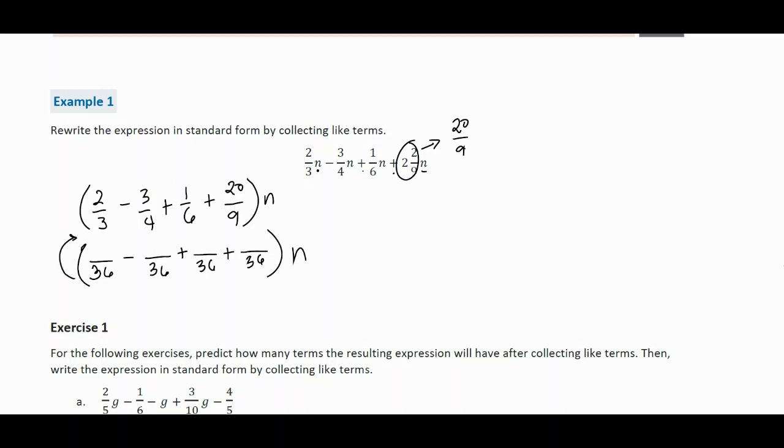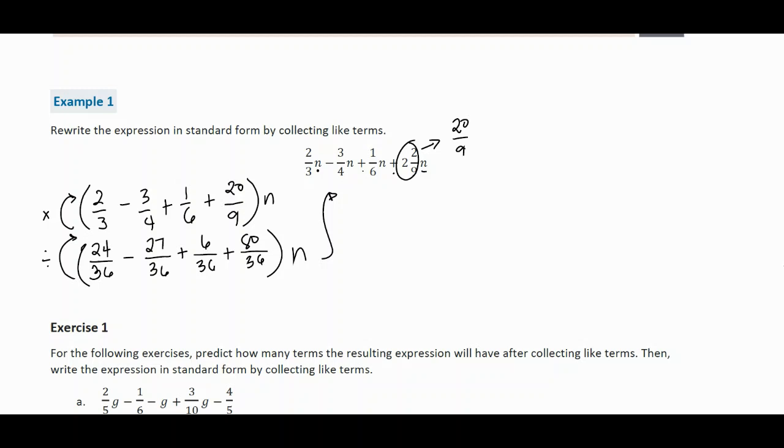So we divide and then we multiply. 36 divided by 3 is 12, times 2 is 24. 36 divided by 4 is 9, times 3 is 27. 36 divided by 6 is 6, times 1 is 6. 36 divided by 9 is 4, times 20 is 80.